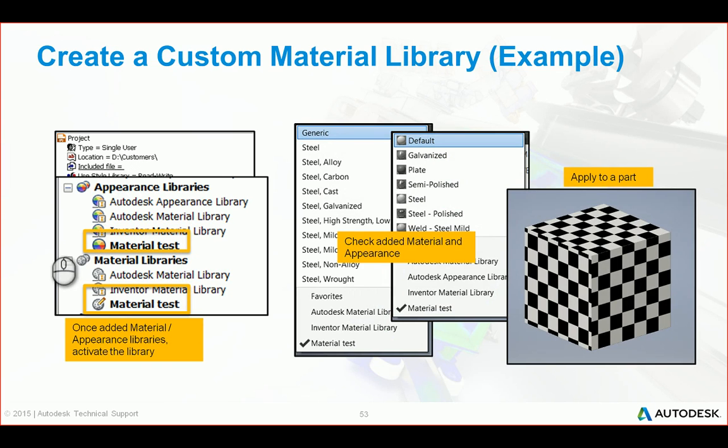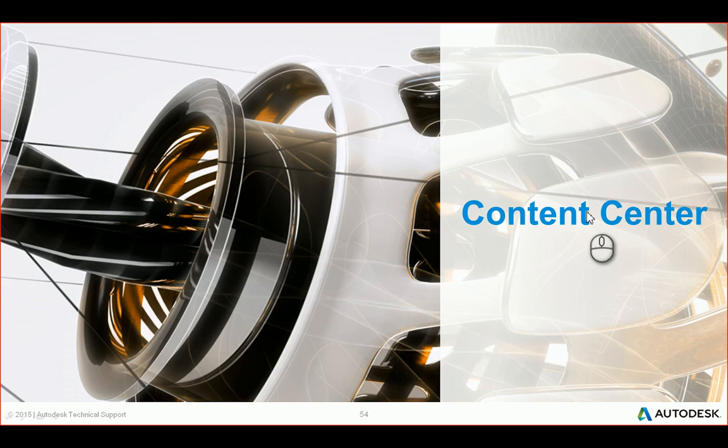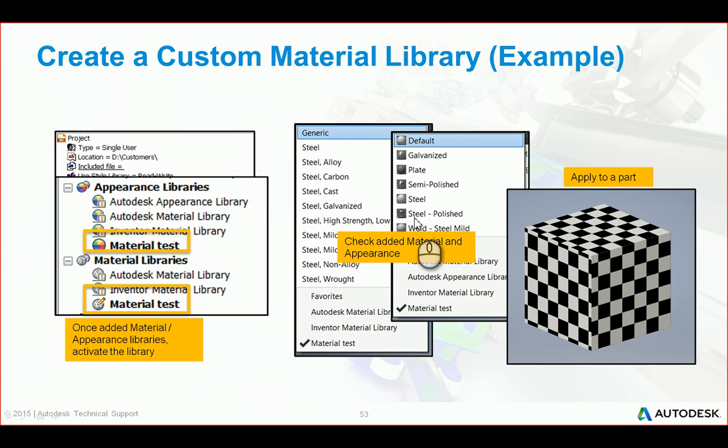Once it's there, we double click on it, and the check marks will tell us that it's the default library. Then we can right mouse click on the material we want and apply it to a part, or we can just drag the material or the appearance onto the part that we want, and it'll automatically get mapped.